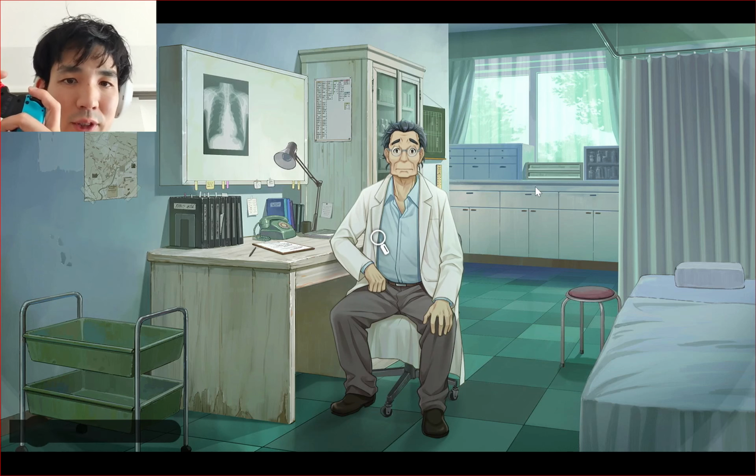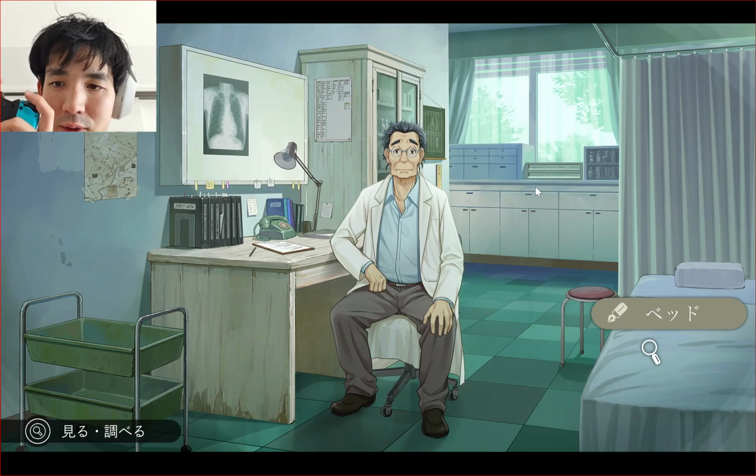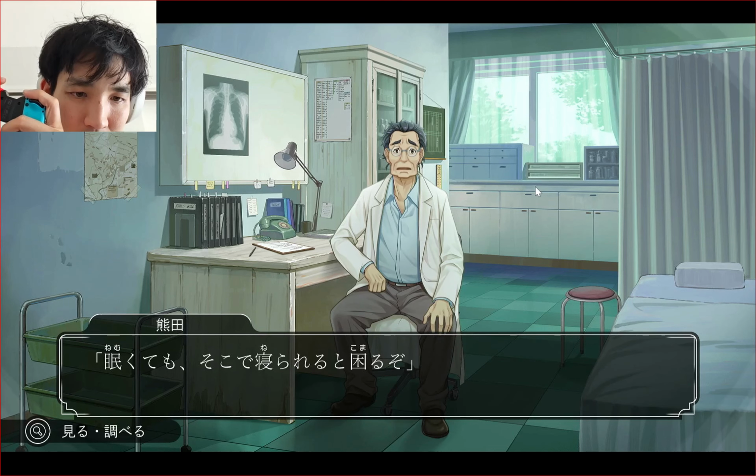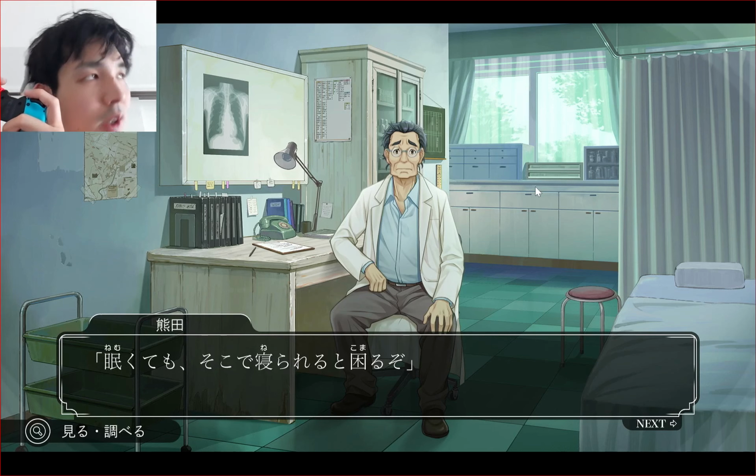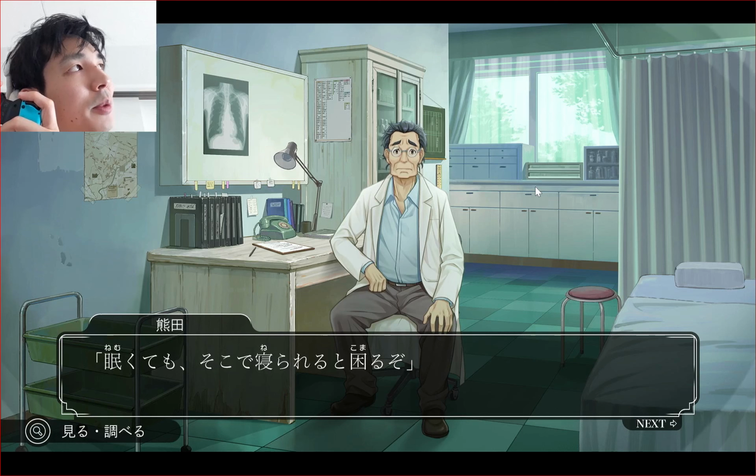Okay, let's look around at other stuff. So what can we see? Here's the bed. 眠くてもそこで寝られると困るぞ。 Nerareru, can sleep.